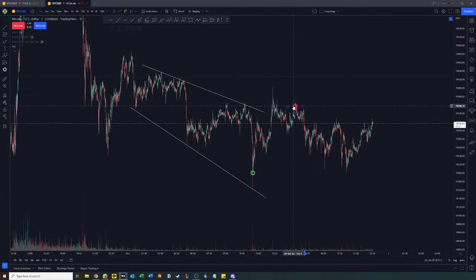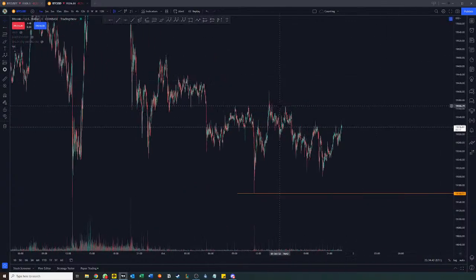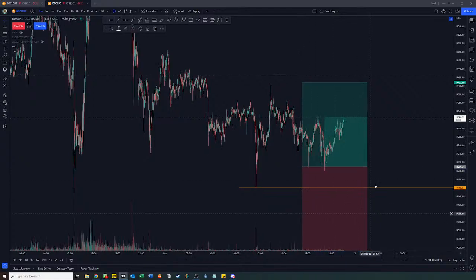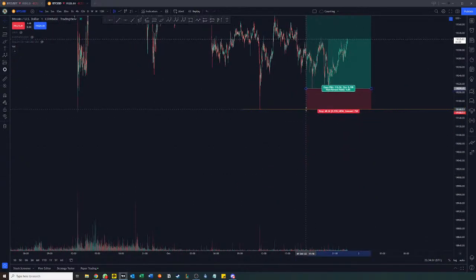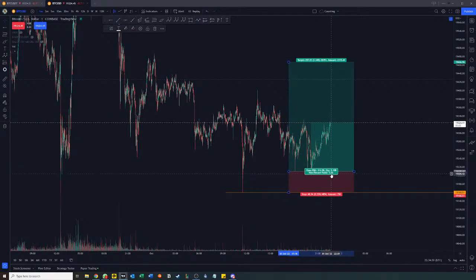And if I show you some resistances, I'm saying that this is the low, and now I'll take this as a stop loss and take long. This long is really nice because if I grab it here, my risk to reward ratio is at least how many times? 5.26 times, which is very nice.